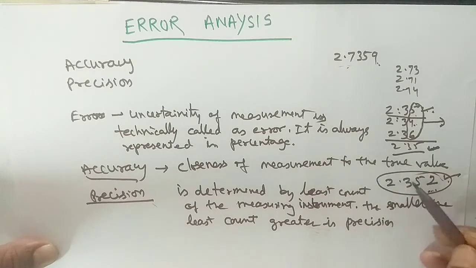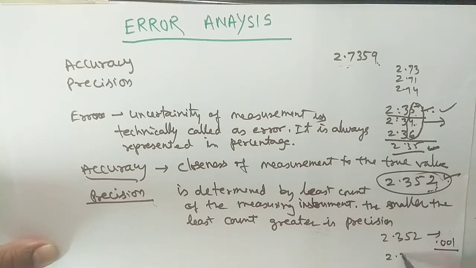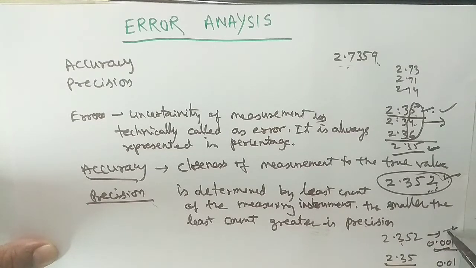It is up to the third place. In case of 2.352, its least count is 0.001, and previously, in case of 2.35, it was 0.01. So for the smaller least count, the precision is more, so it is more accurate.